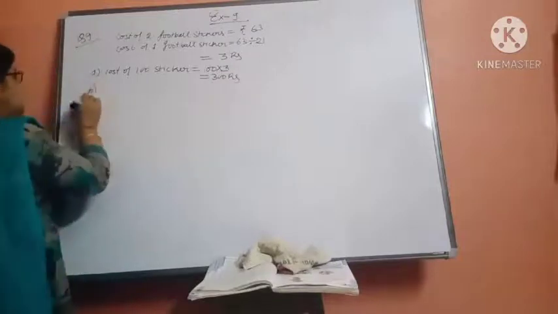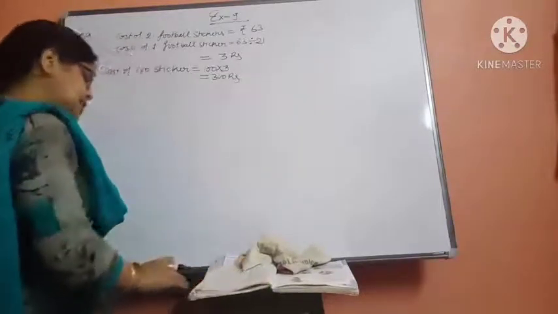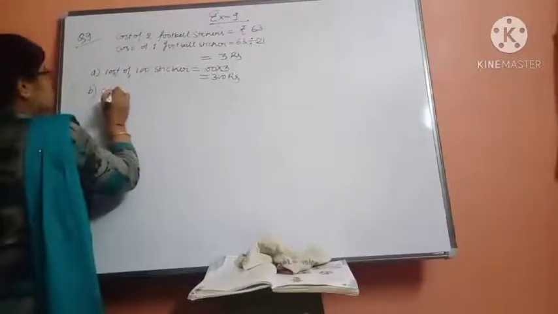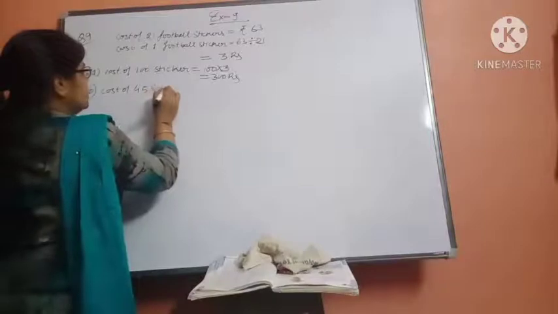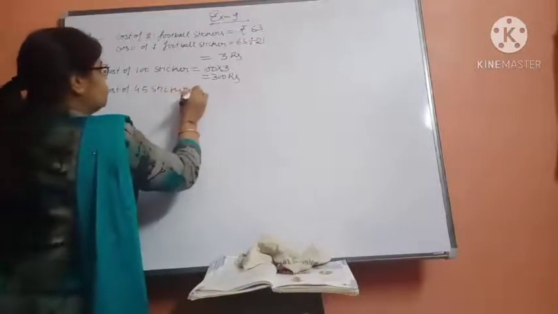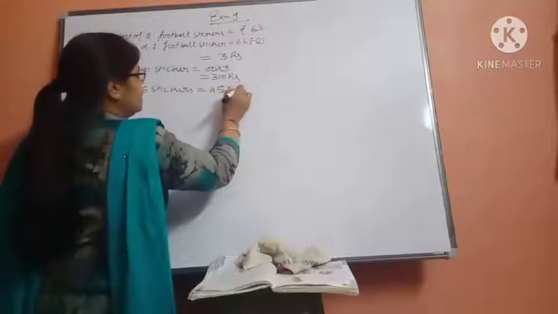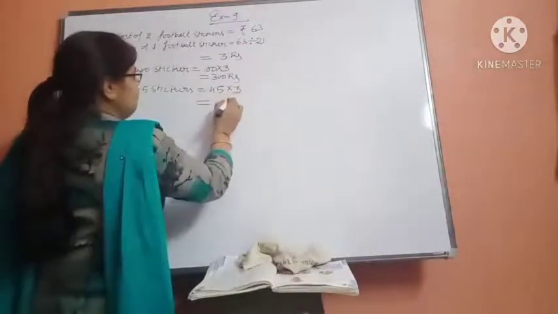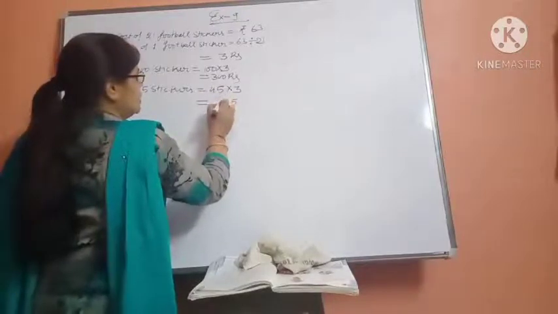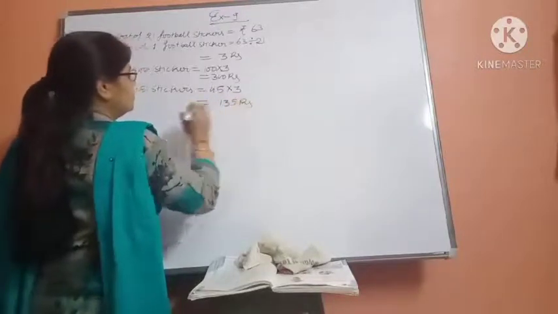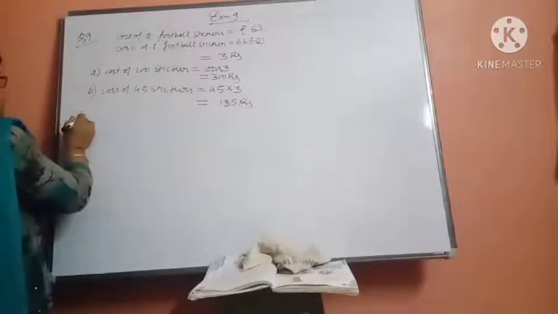In part B, the cost of 45 stickers. Again the cost of one sticker is rupees 3. So 45 stickers will be 45 multiplied by 3. 3 fives are 15, 1 carry, 3 fours are 12, and 1 is 13, so 135 rupees. So it will be the cost of 135 rupees.